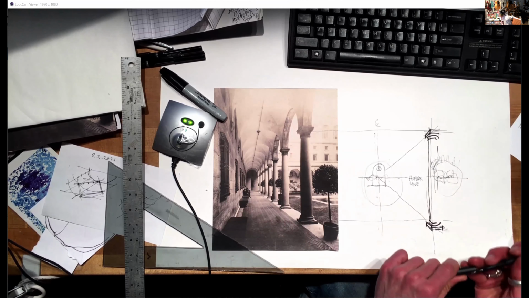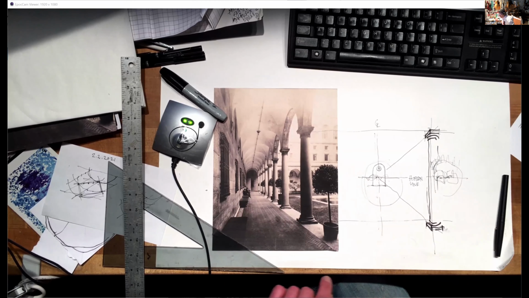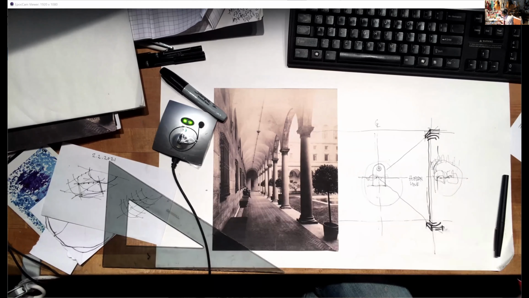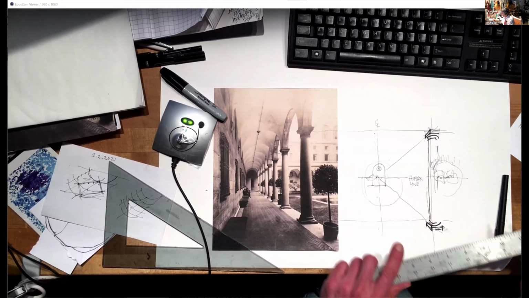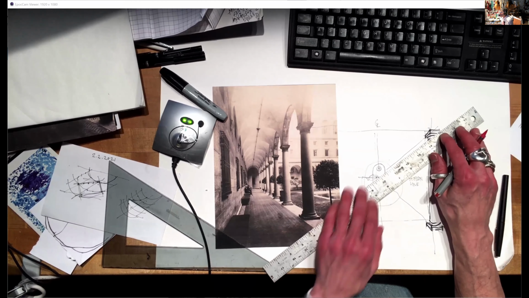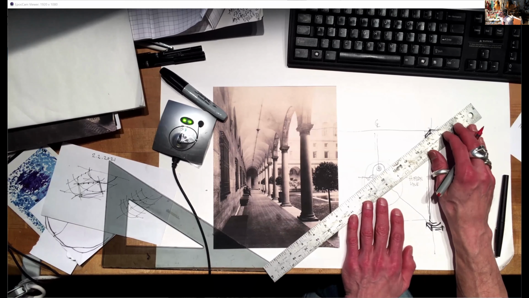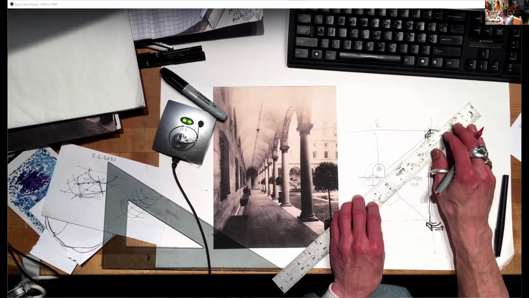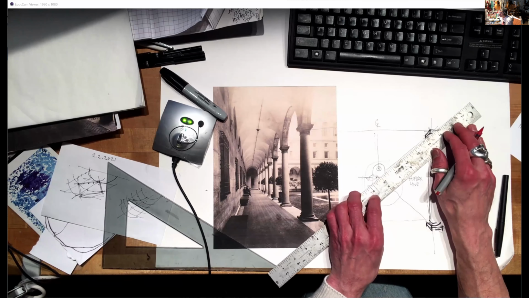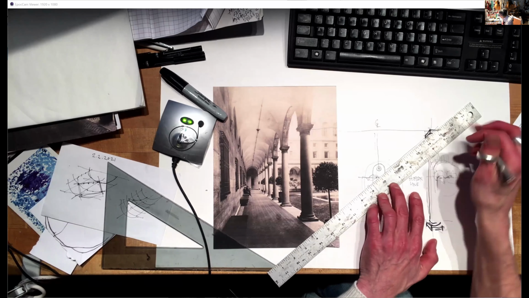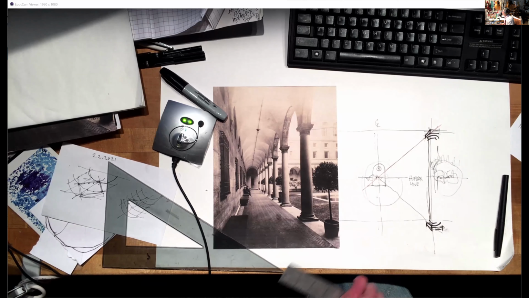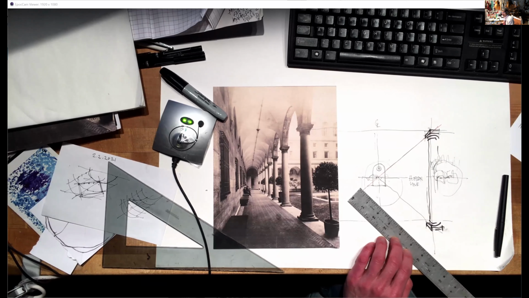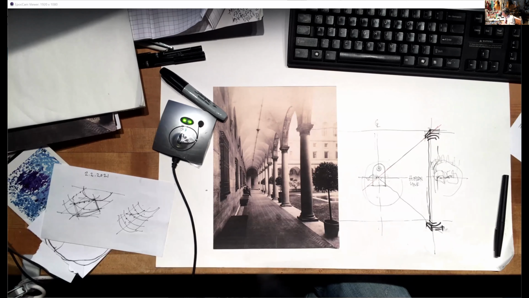This isn't a magic trick. This is in order to illustrate what lines are parallel or perpendicular to that picture plane, which is the back of that. That means that the edges of that capital, if I draw lines through that, they're going to converge at the horizon to a single point.